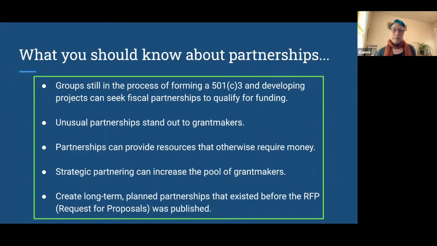Create long-term planned partnerships that existed before the request for proposals was published. Funders don't really want to see that you are scrambling for partnerships to show that you are involved in community building and making sure that you're creatively getting the resources needed for projects.